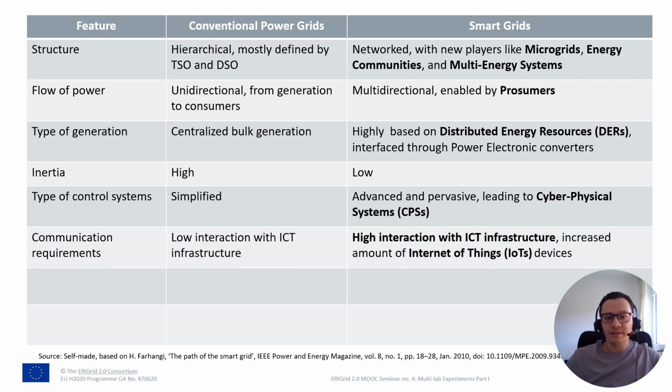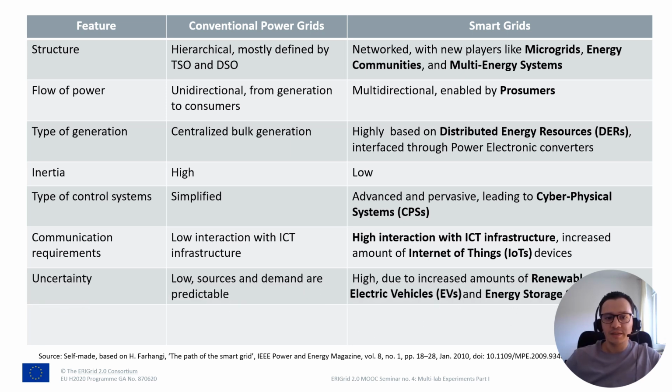This means that in the case of conventional power grids, we have a low interaction with ICT infrastructure, and in the case of advanced control systems, we need a higher interaction with ICT infrastructure and an increased amount of Internet of Things devices.